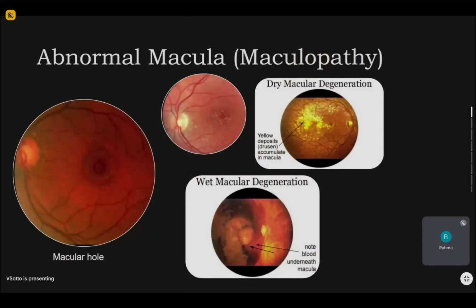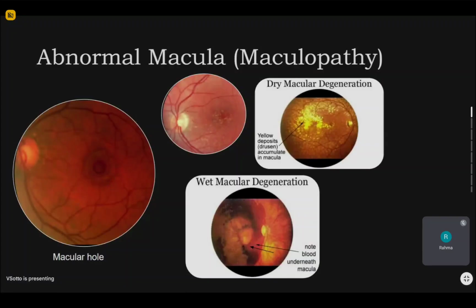For the maculopathy, any lesion that can be appreciated inside the macula. So an abnormal macula such as age-related macular degeneration, you'll be seeing yellow deposits at the macula. Those are your drusen, like this. If you can also see a round salmon patch looking lesion, you can think of a macular hole.